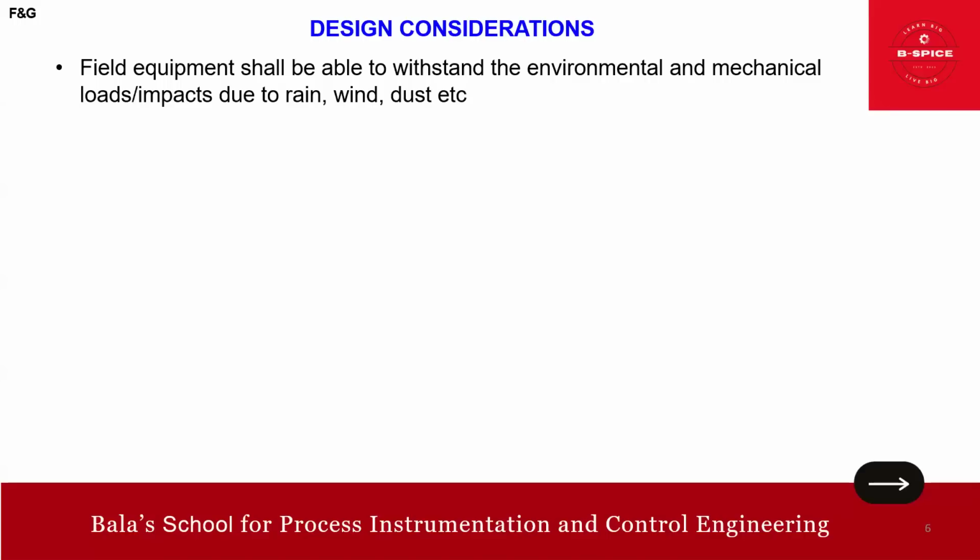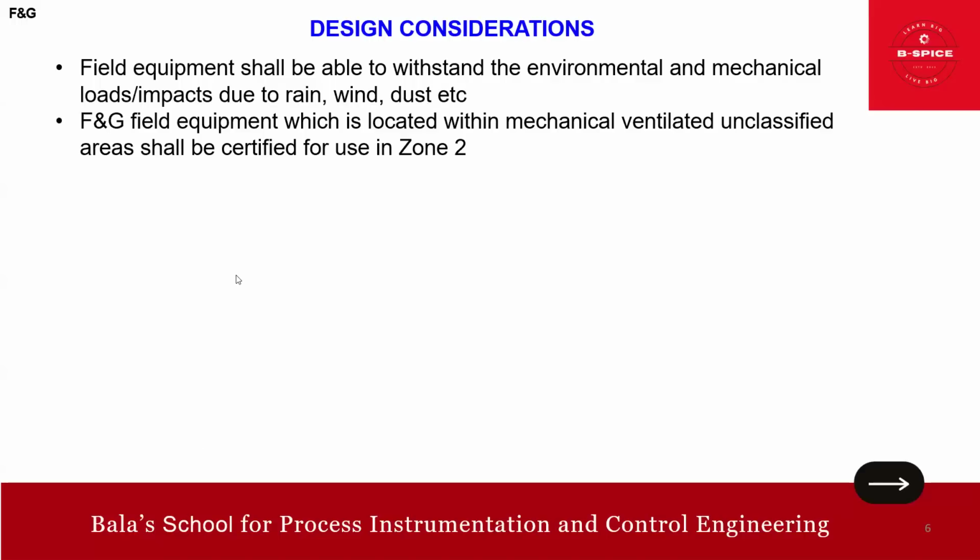Field equipment shall be able to withstand the environmental and mechanical loads and impacts due to rain, wind and dust. So basically it has to meet the hazardous area classification and the IP rating. Field equipment located in mechanically ventilated unclassified areas shall be used in zone 2.